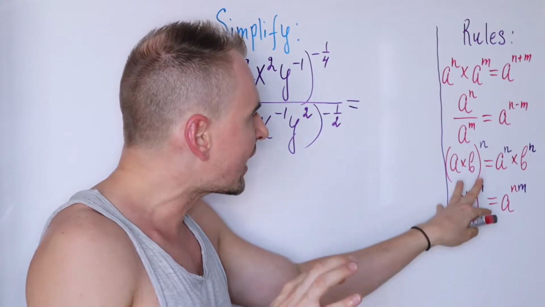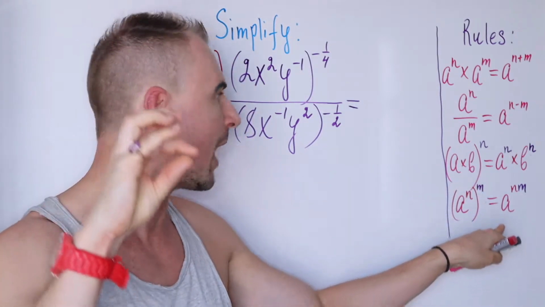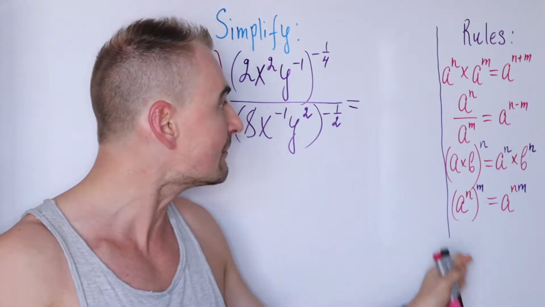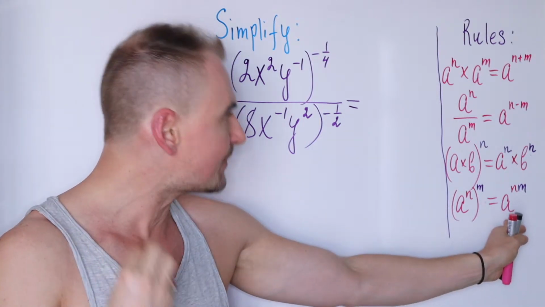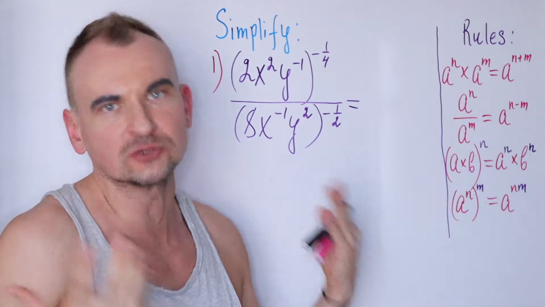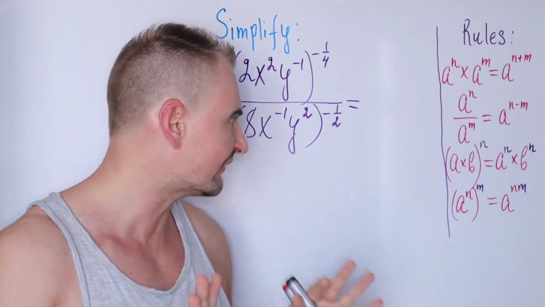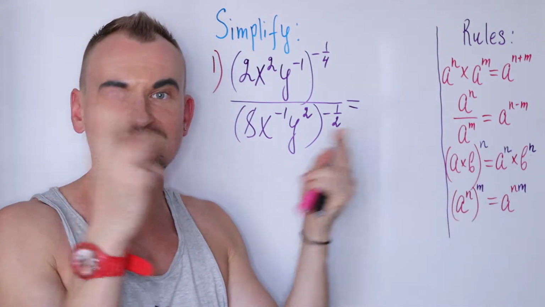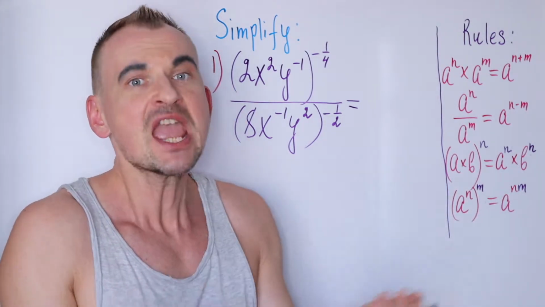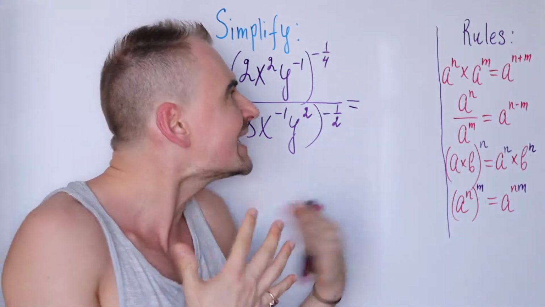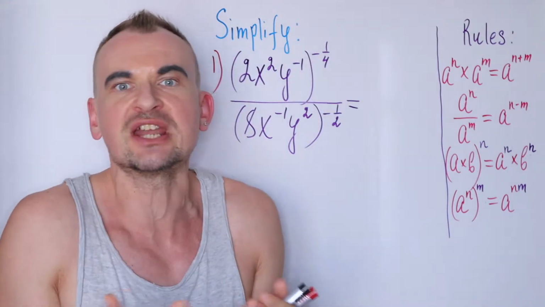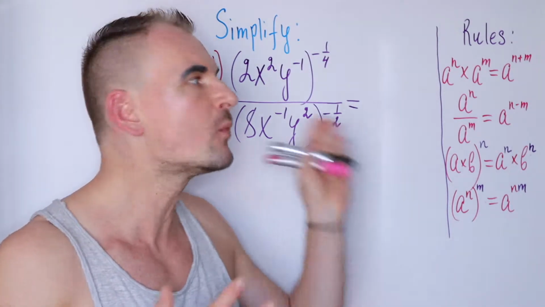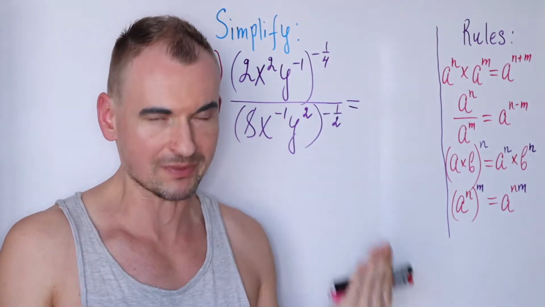If you have one thing raised to one power, let's say n, and you want to raise it to another power, let's call it m, you again keep this base number, or it could be any variable, any letter, whatever you are given, a, let's say, and you just multiply through these powers. In my previous videos, I already mentioned all of these rules, they are must-haves, and I will mention them while solving these kinds of problems.